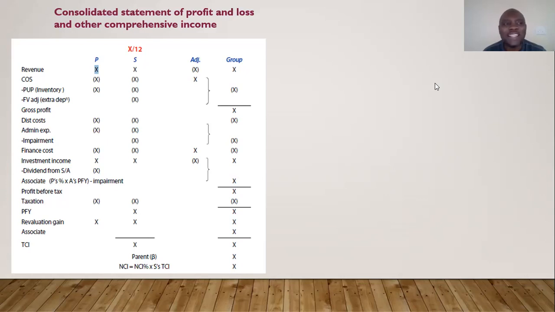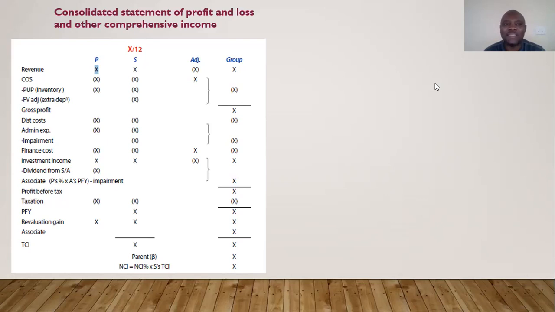But the adjustments here, if you check, you have 3 adjustments on the top line. You have, one, the adjustment on your intra-sales. If any intra-sales, you will remove. Under cost of sales, you also remove any of that intra purchases.